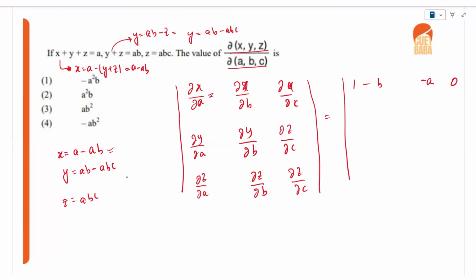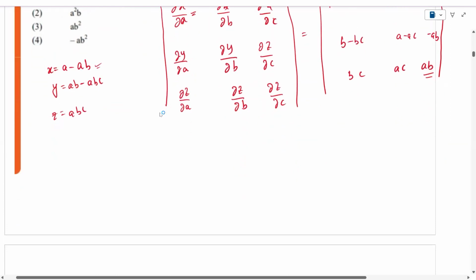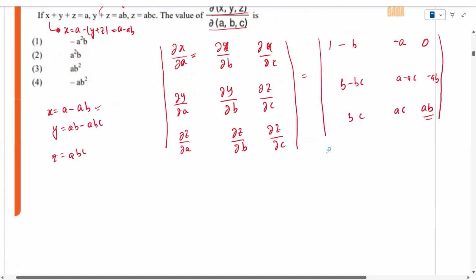Del y by del a is b minus bc, del y by del b is a minus ac, del y by del c is minus ab, and del z by del a is bc.